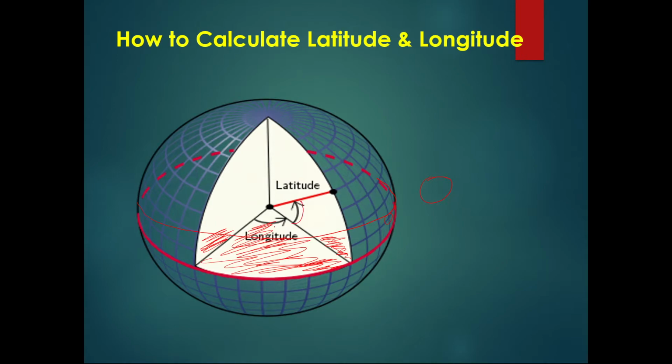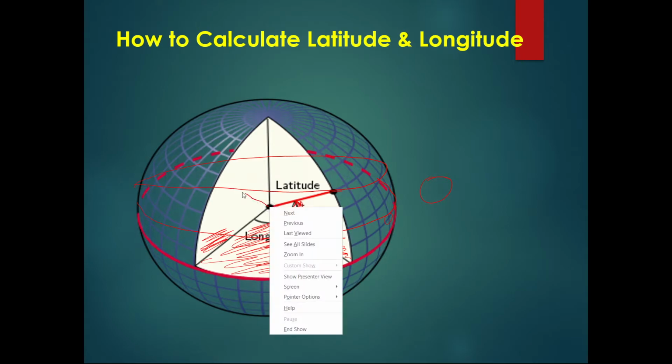If we calculate this angle, we will know at what angle we are. So for this latitude, this angle will tell us at which latitude we are. This angle will be the same from this plane.